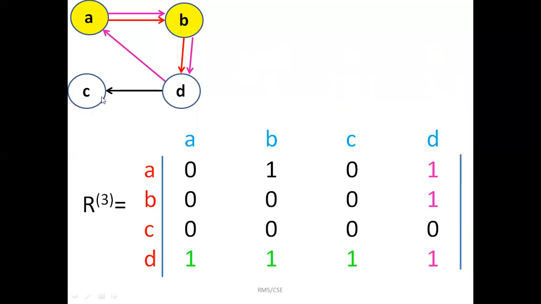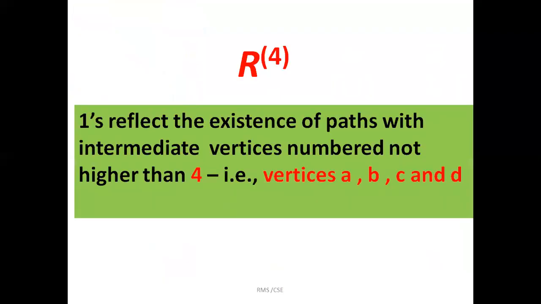So next, to find R power 4, I should take the help of R power 3. R power 4 indicates a Boolean matrix where ones reflect the existence of a path with intermediate vertices not more than 4. So a maximum of 4 intermediate vertices.